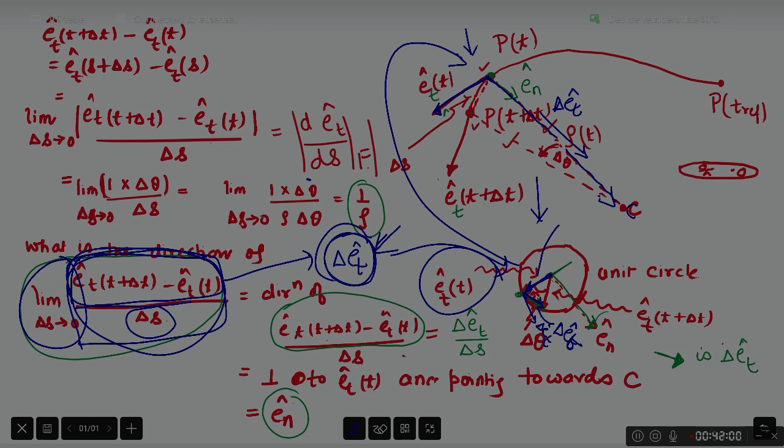But then we realize that this direction, which is perpendicular to Et and pointing towards C, must be the En vector itself, the normal unit vector. That brings me back here: in the limiting value delta s going to 0, the direction of this entire vector will be equal to En.